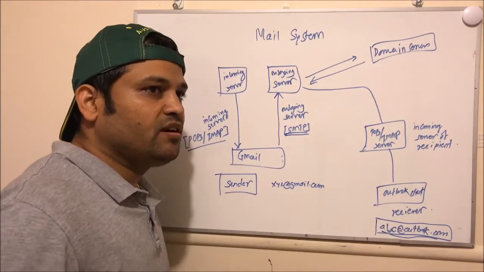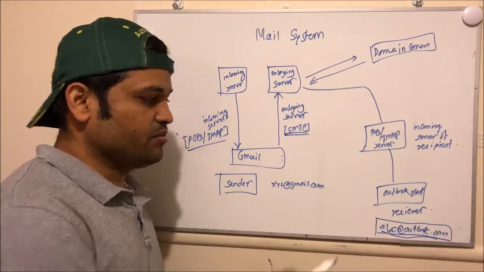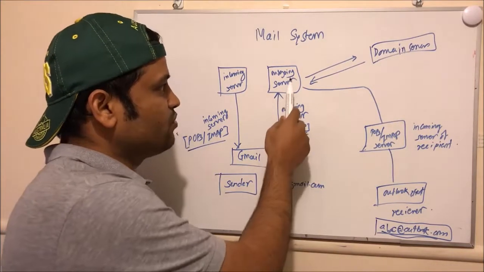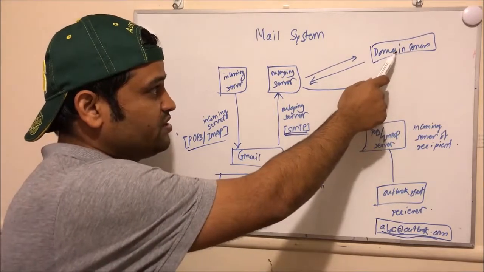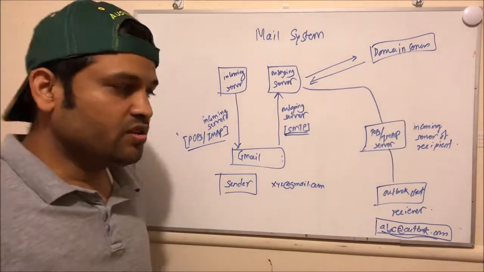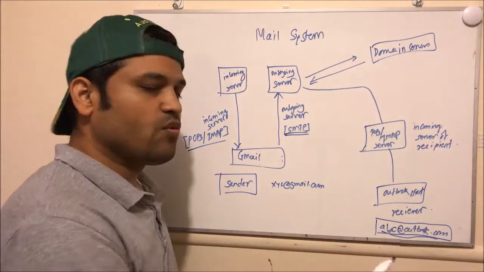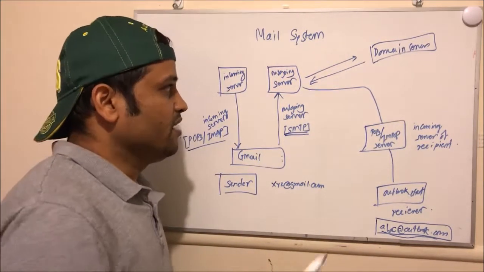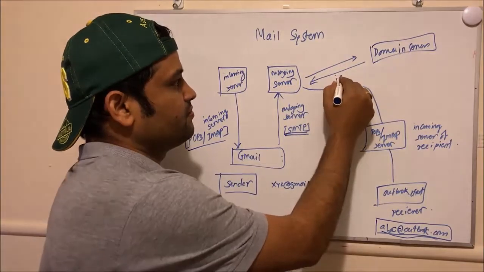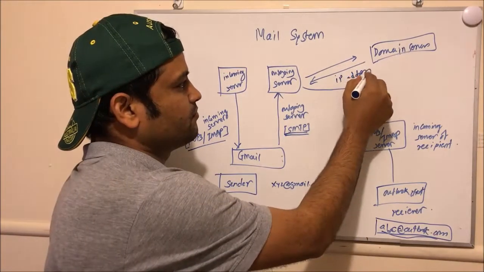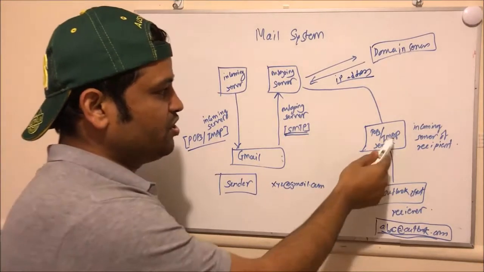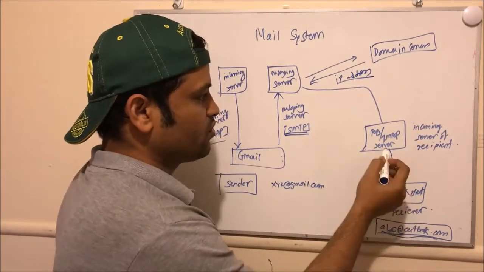To send the email, what we need is the IP address of this particular domain, outlook.com. So what happens is that this outgoing server queries this domain server to know the IP address for this outlook.com or whatever is the domain of that mail server. And once it gets the IP address, it can forward that email to the POP3 or IMAP server of this outlook.com.